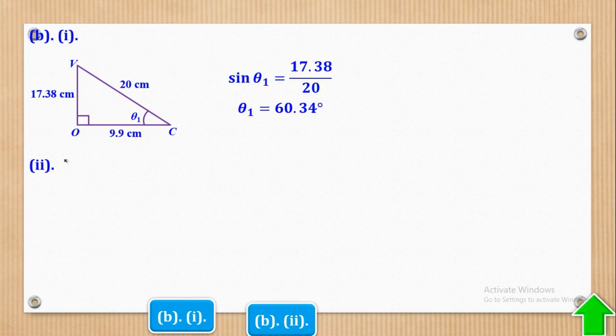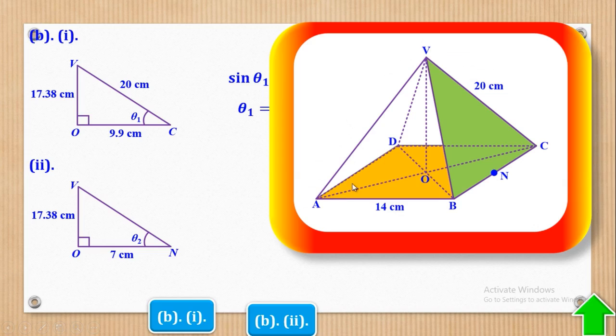That was Roman 1. Then Roman 2, we shall extract out this triangle because it was between two planes. When you look at this, these are two planes, plane ABCD and also plane VBC.